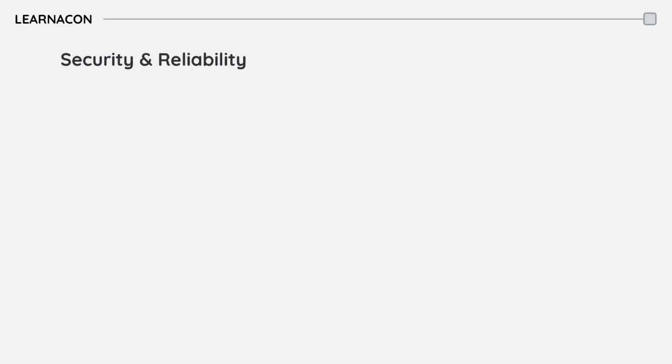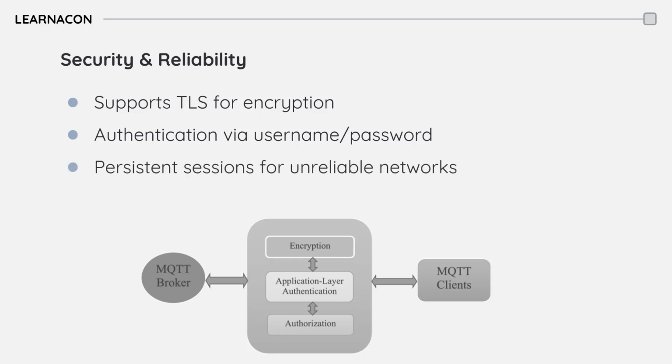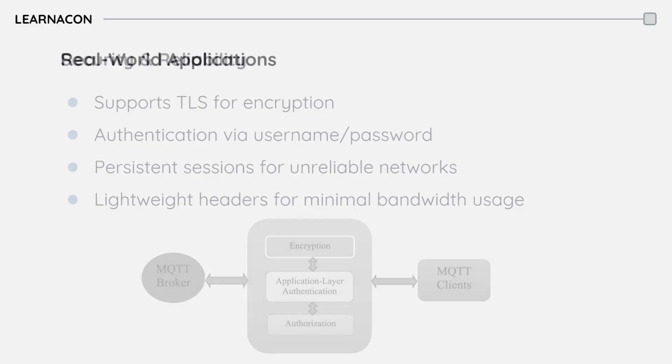MQTT is built with security and efficiency in mind. It uses TLS encryption to protect data in transit and supports authentication through usernames and passwords. For devices on unstable networks, persistent sessions ensure communication stays intact. And with its lightweight headers, MQTT keeps bandwidth usage to a minimum, perfect for constrained environments.